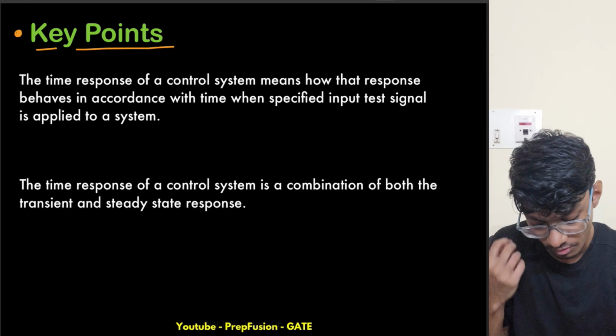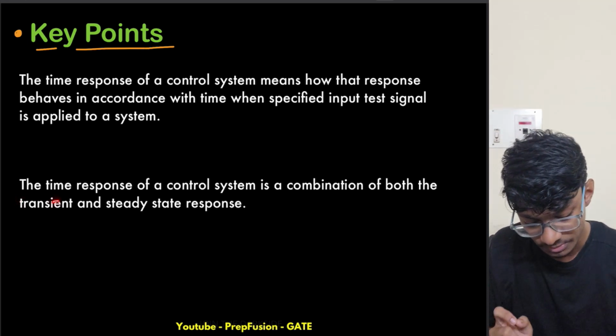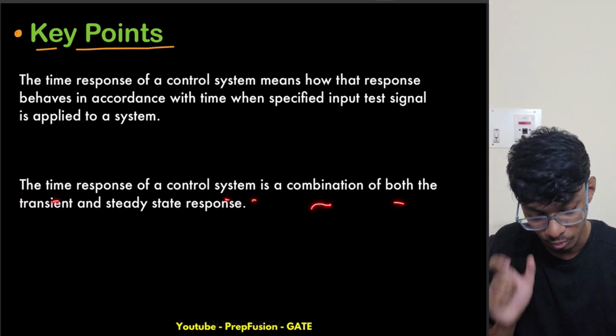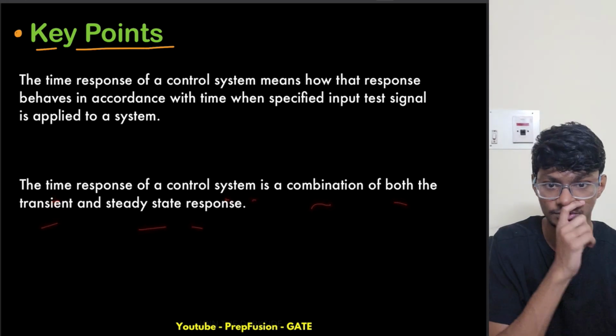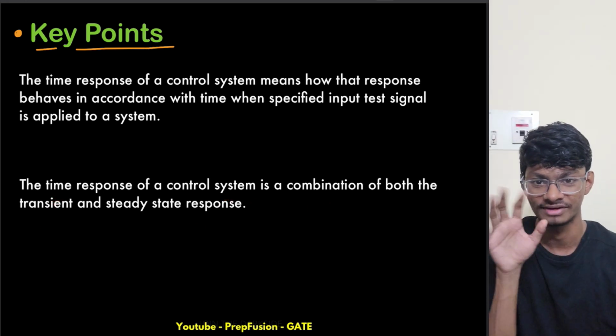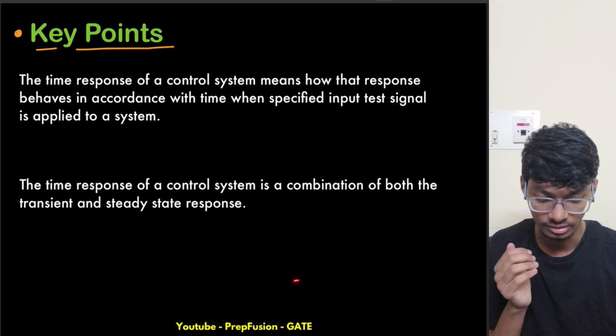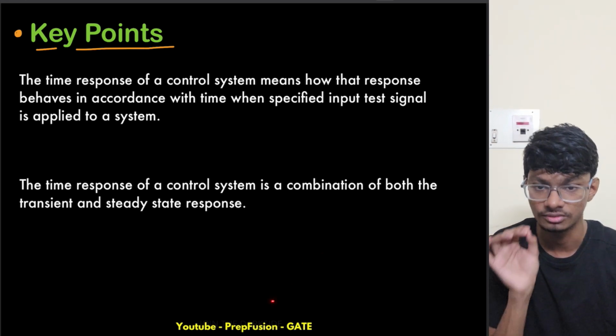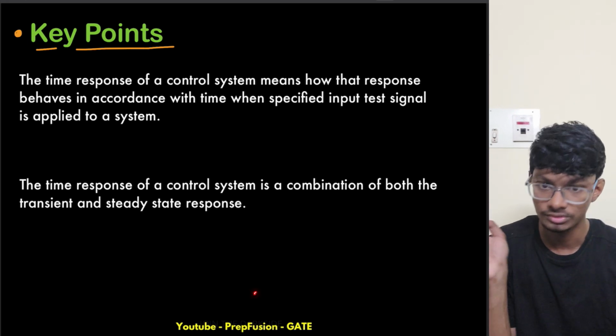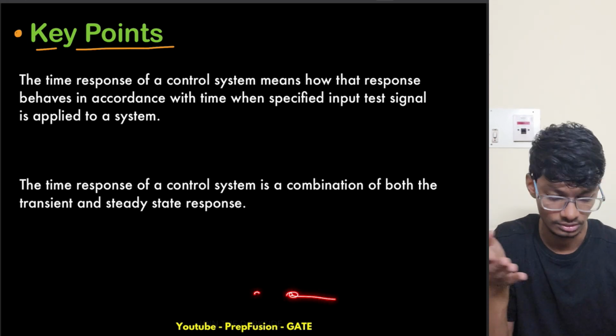So what is this point telling us? The time response of a control system is a combination of both transient and steady state response. I hope Himanshu has already taught you a bit of transient and steady state. So obviously it will be a combination of both. Initially there will be some transient, it will go from one steady state to another steady state. Why? Initially there was no input, so it was in steady state, nothing was changing.